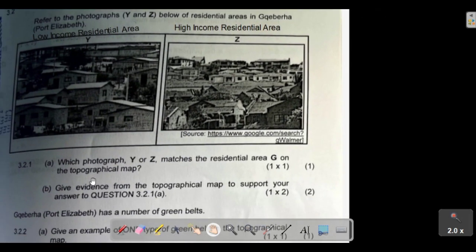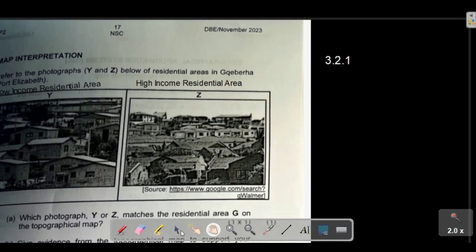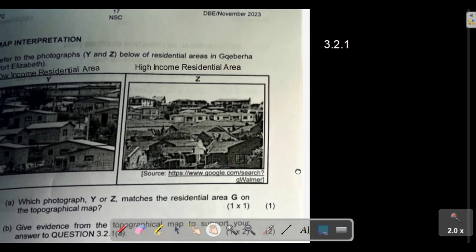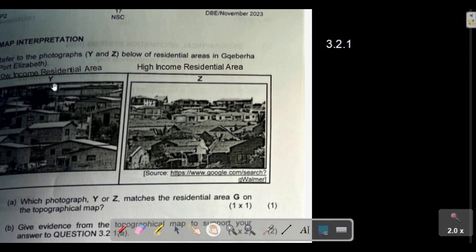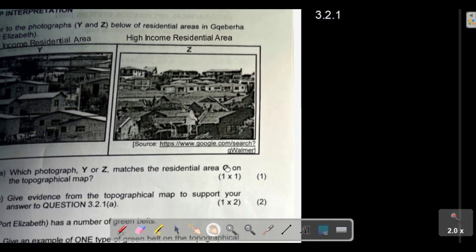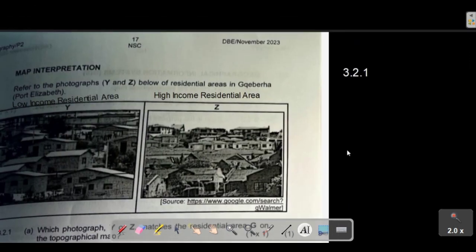So now they say for 3.2.1a, which photograph, Y or Z, matches the residential area G on the topographical map?